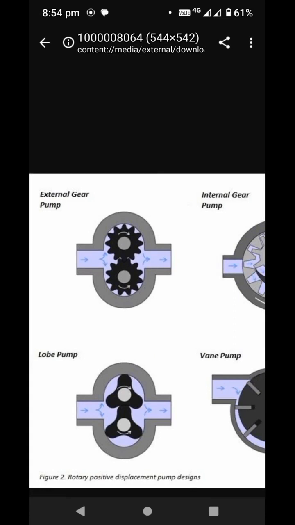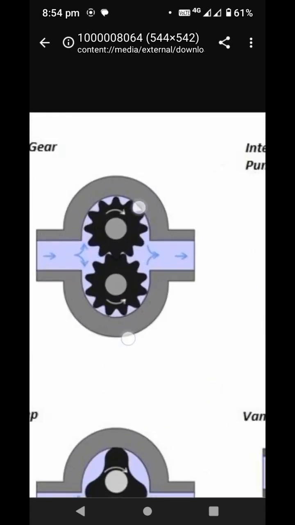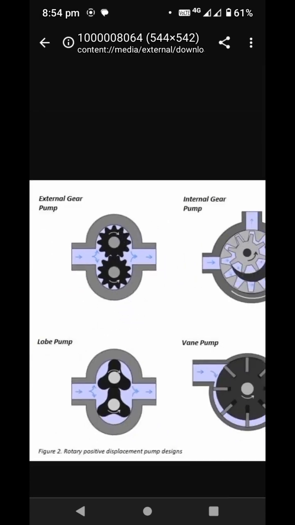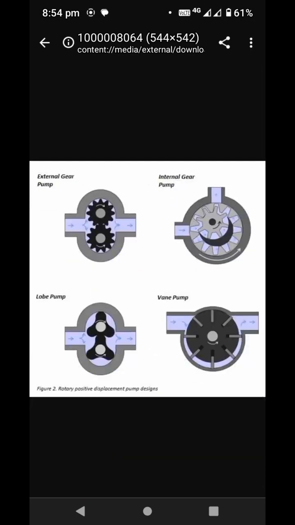Mostly external gear pumps are used for delivering oil from one place to another. So imagine oil is coming in here and then oil is coming out, due to vacuum creation by the rotation of the gear elements. So vacuum is created in the inlet.